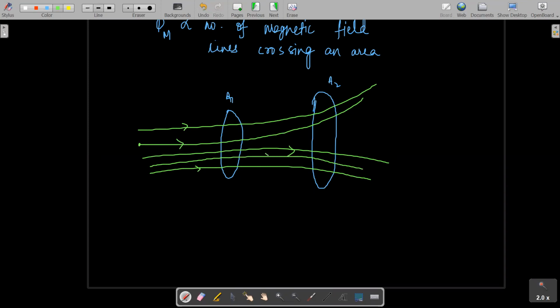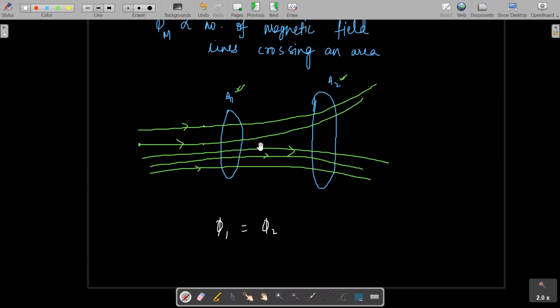So what can you say, students? Is the flux crossing A1 and the flux crossing A2 equal or unequal? You can see that five magnetic field lines cross both areas. So on a simple note, the number of field lines crossing A1 and A2 are equal, so the flux through one is equal to the flux through two. This is a simple manipulation of the flux idea.